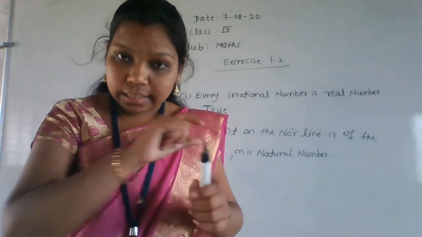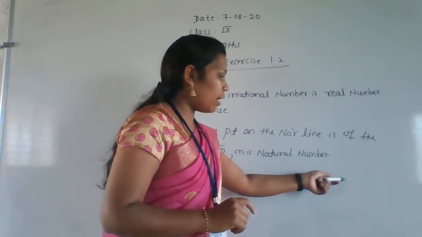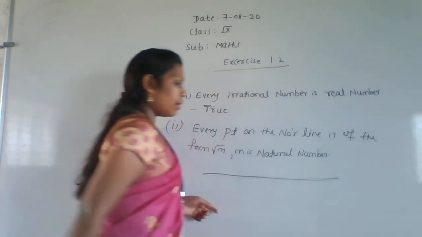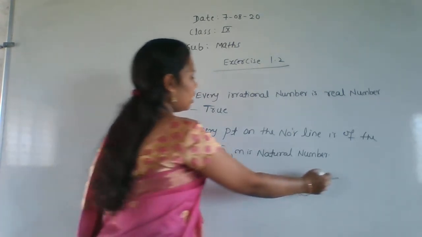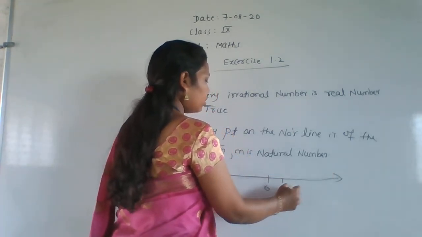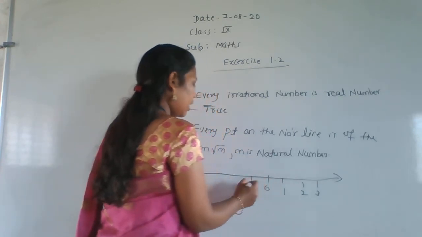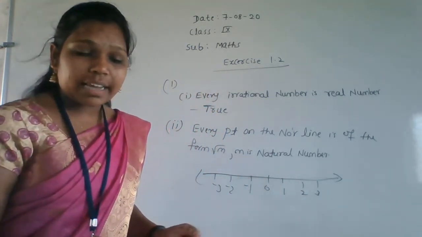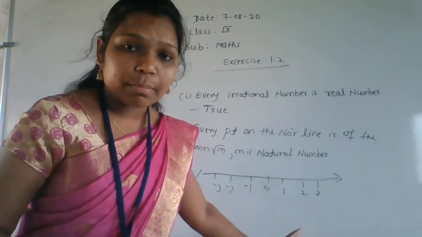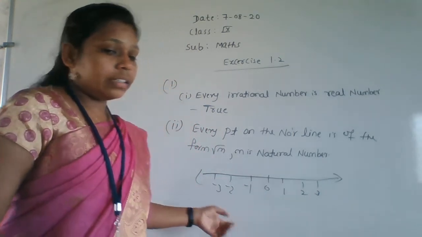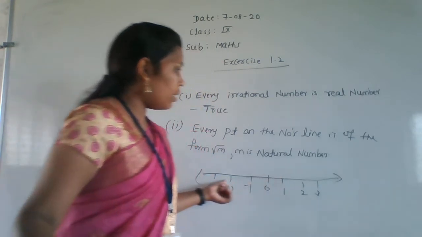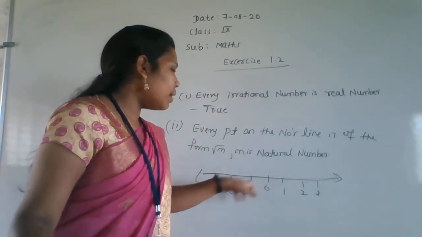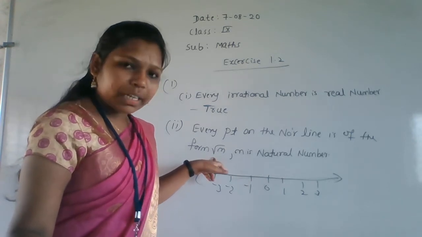Every point on the number line. If you draw a number line, see here. Okay, so this is a number line, and 0, here 1, 2 and 3, and here -1, -2, -3. So if you take the number line, is every number on the number line in the form of root m? Whether all the numbers are in the form of root m?